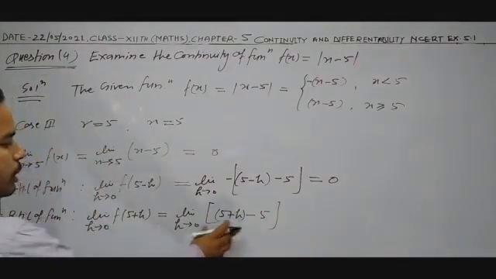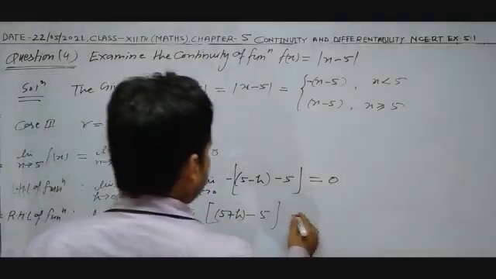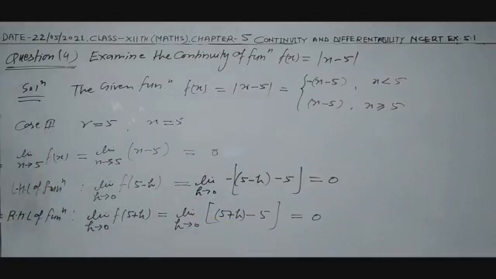This will be the expression, and the result you will get is 0. So the function is continuous at x equal to 5, also r equal to 5.